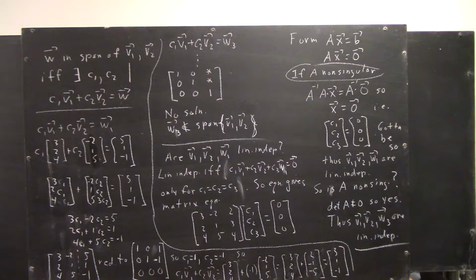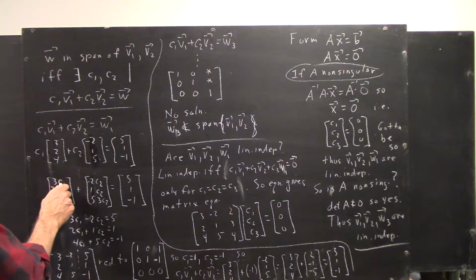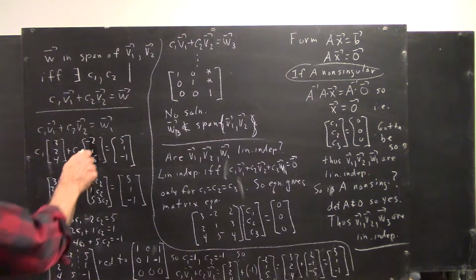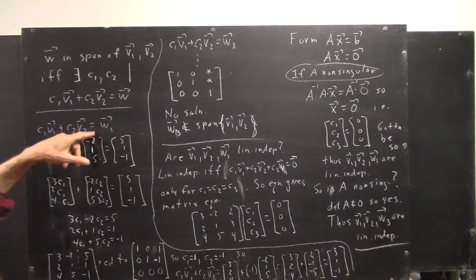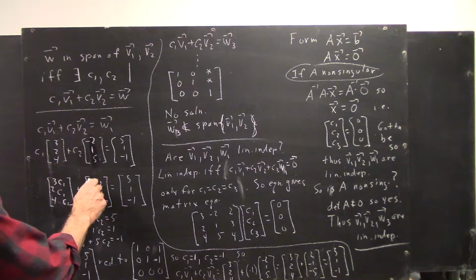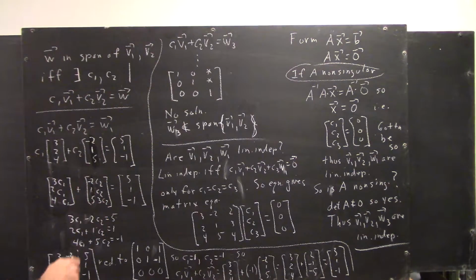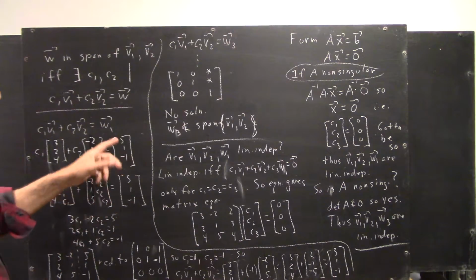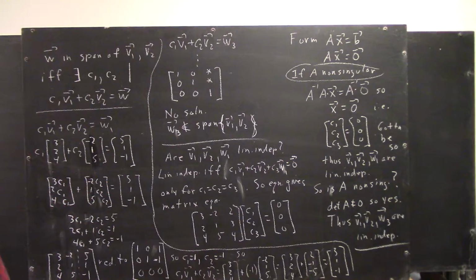simplify this equation, we multiply this vector by c1, and so c1 times 3 gives us 3c1, 2c1, 4c1. That should be very straightforward. We've done that in other classes recently, and you've seen that if you've watched the notes. And then c2 times this vector gives us negative 2c2, 1c2, and 5c2. And that's got to equal the vector 5, 1, negative 1.